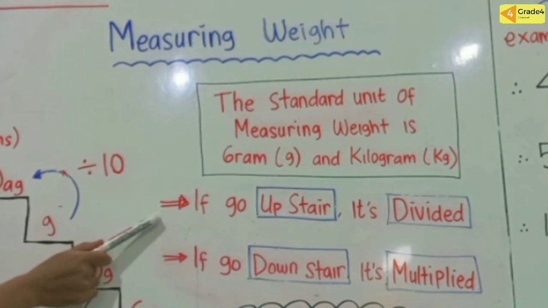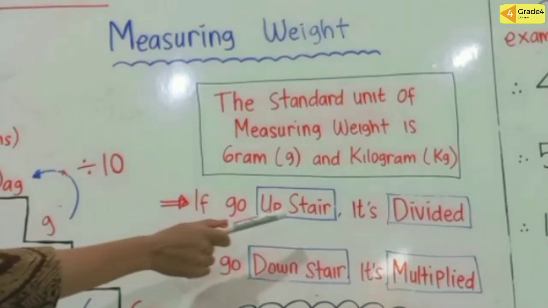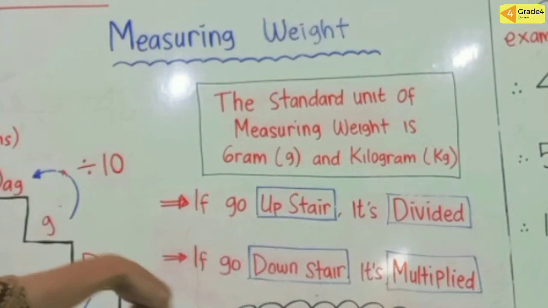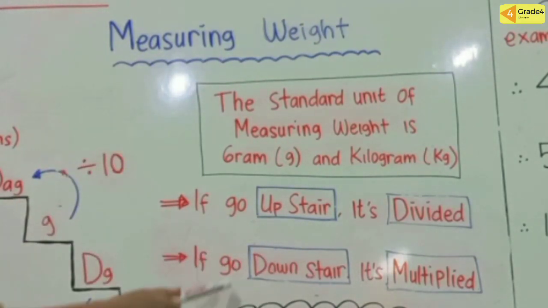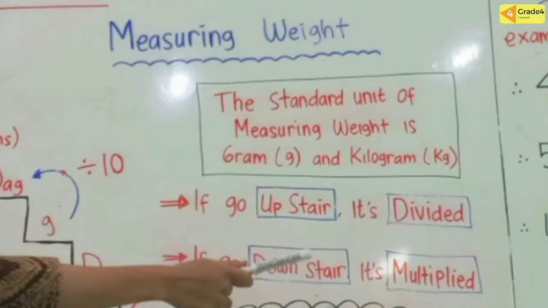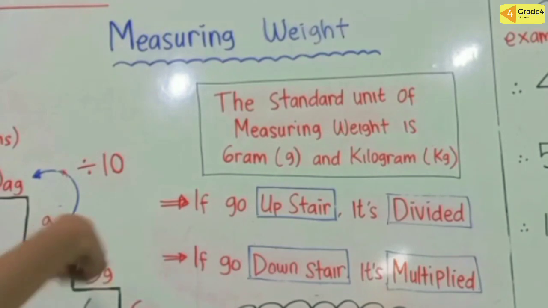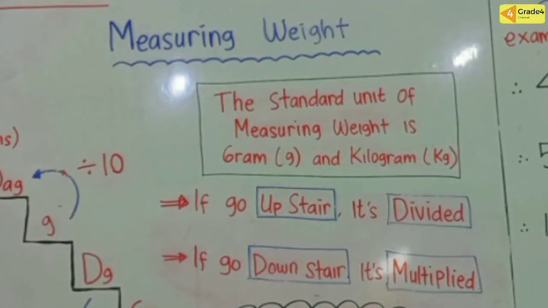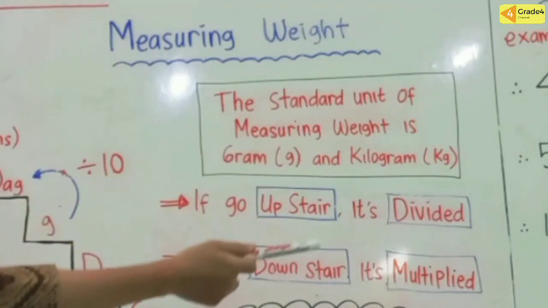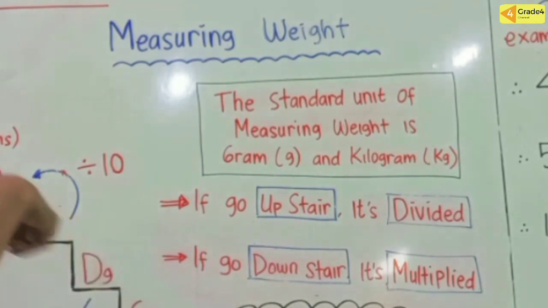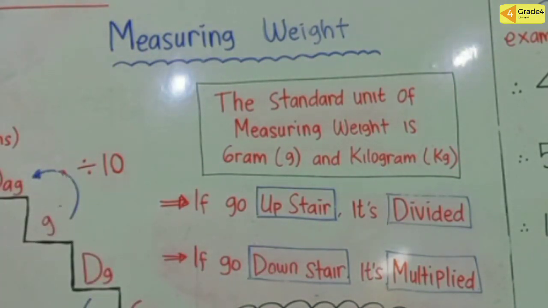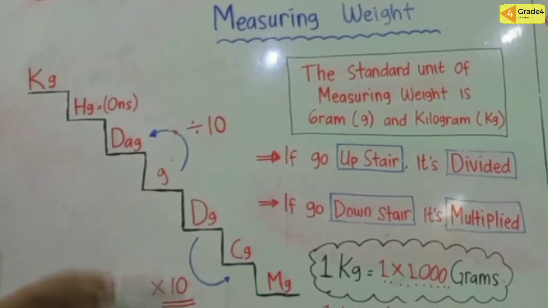The first is if you go upstairs, it's divided. Upstairs divided, and if you go downstairs, it's multiplied. Upstairs divided, downstairs multiplied. Okay, you can look back at the 7 stairs.